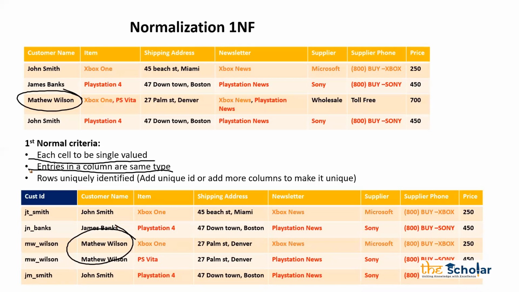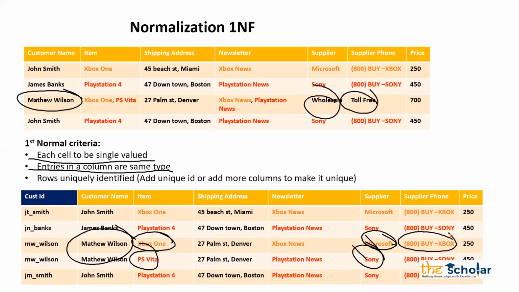You can see that, as I broke down Matthew into two records, I have Xbox, the parent company is Microsoft, and PS Vita, the parent company is Sony. So this mixed value is now no longer there. It is now coming as Sony and Microsoft. Also, the phone number and toll free are now further segregated by the phone number, which is for Xbox and Sony. Now, these two problems are solved.